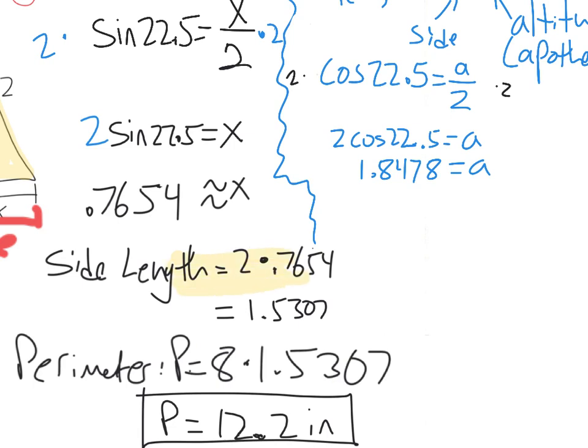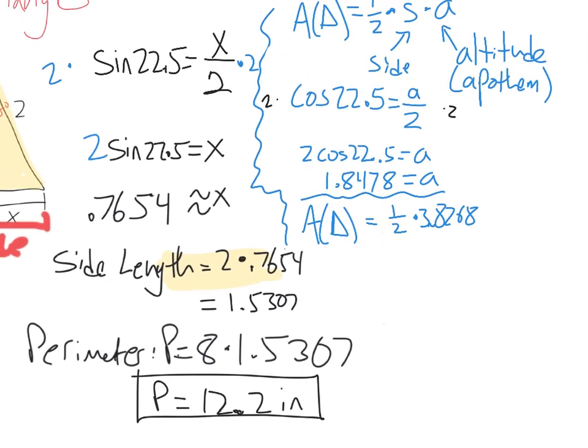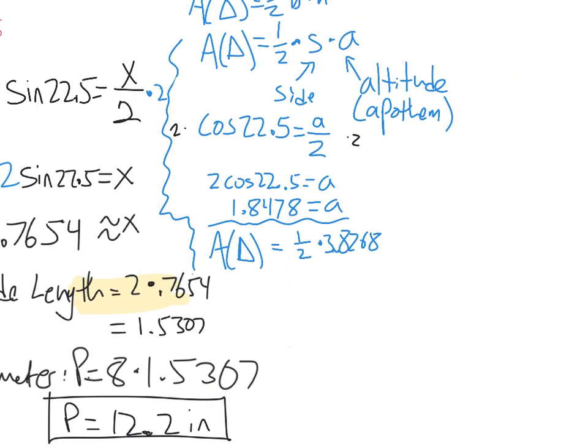Okay, so we have our area of the triangle. It's useful to note, like I'm doing there, triangle, because we haven't talked about the whole polygon yet. So we have 1/2 times the side length, which is 3.8268, times the altitude, which is the number we just found, 1.8478.